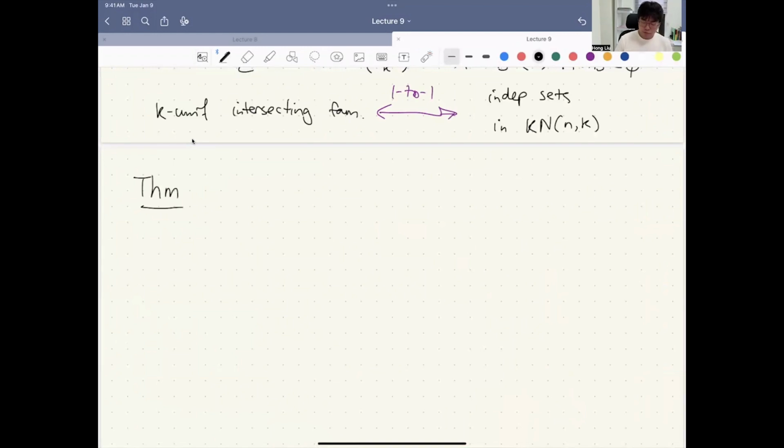We will use the following version by Alon and Chung. It says the following. We have a graph G. Think of this as the Kneser graph. You have n vertices.